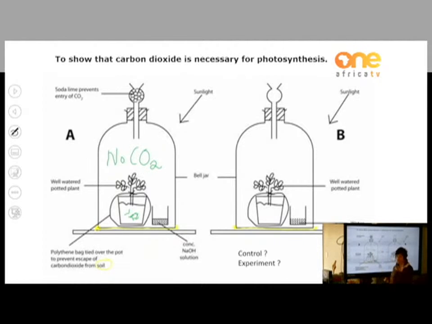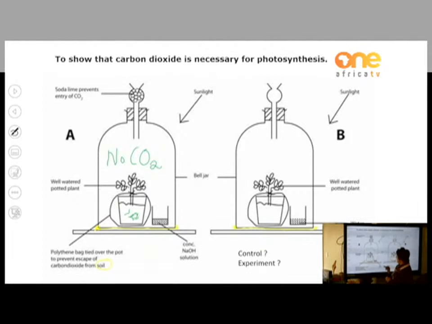Good. I think that this is then the experiment, because our book says the experiment is where I have all the necessary factors for photosynthesis except the one being under investigation.